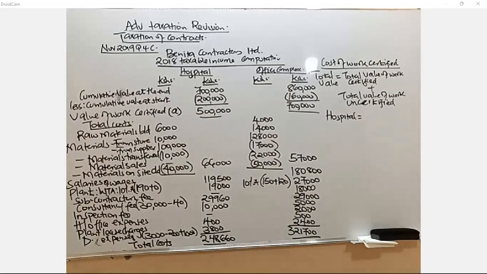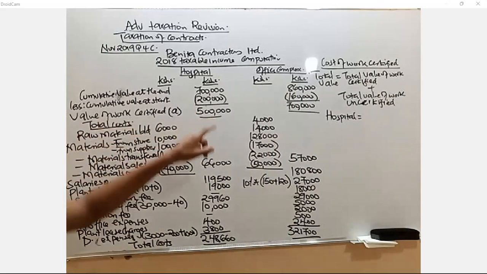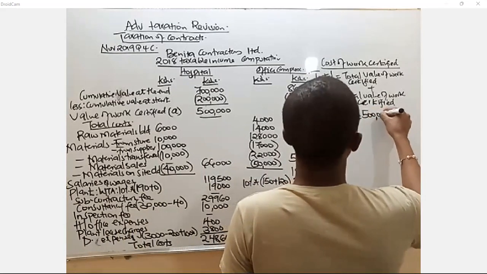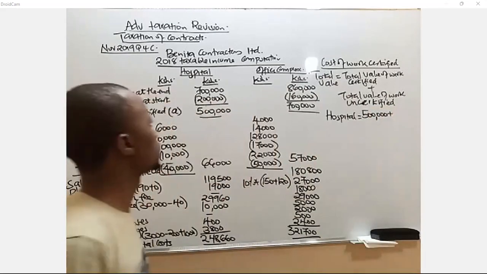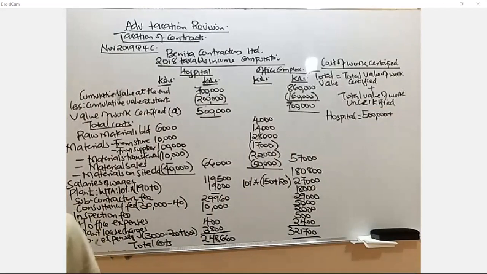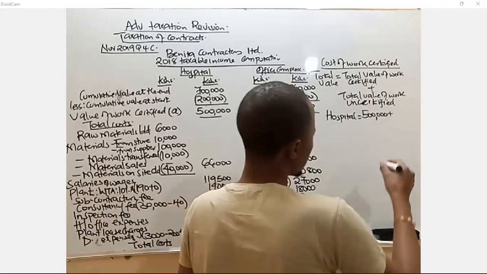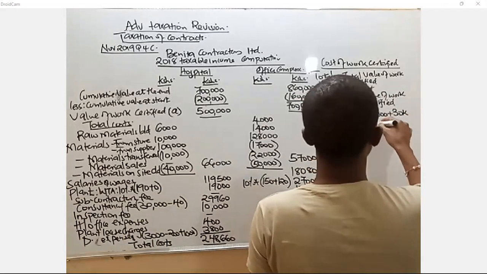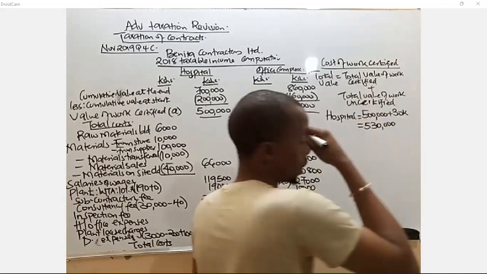The total value of the work certified, we have 500,000. We add the total value of work uncertified, which is already provided somewhere: the value of the work uncertified in the year under the transactions, which is 30,000. This translates to 530,000, right?